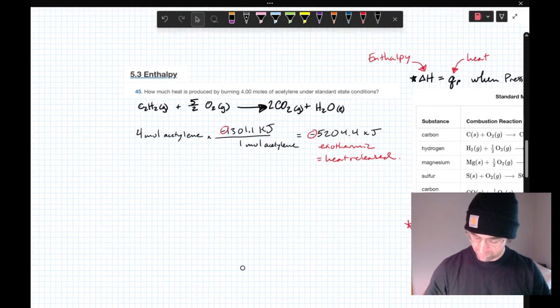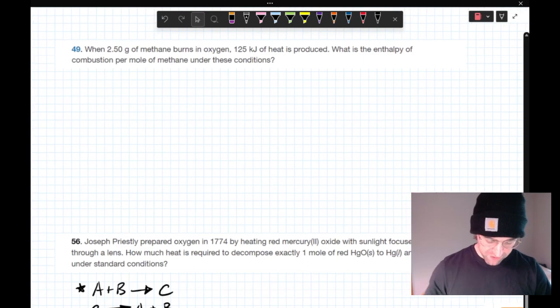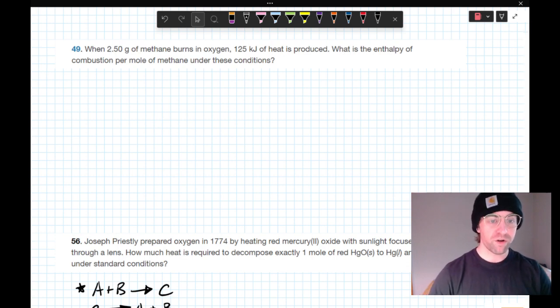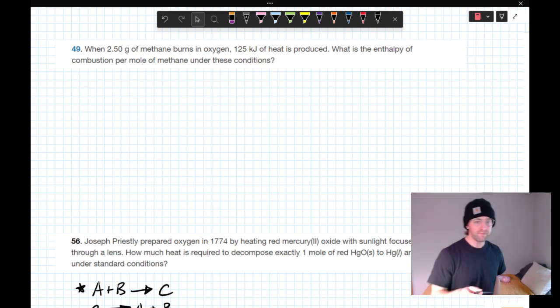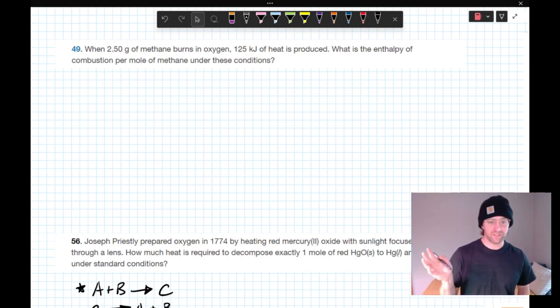All right. Question 49. When 2.5 grams of methane burns in oxygen, 125 kilojoules of heat is produced. What is the enthalpy of combustion per mole of methane under these conditions? So here we could get away from the tabulated values.